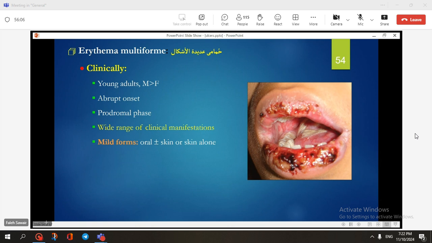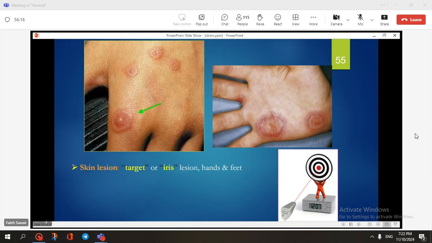It mainly affects young adults, mainly males, but pemphigoid mainly affects females. And we have mild forms and severe forms. In the mild form, you will find the skin lesions in the form of target lesions, as you can see here, important for erythema multiforme.